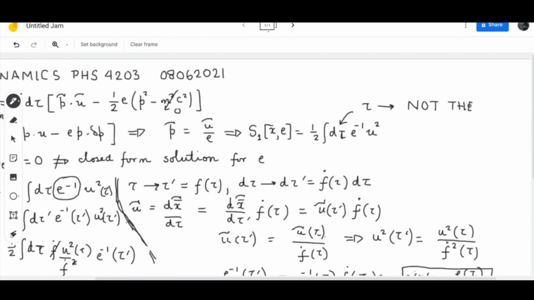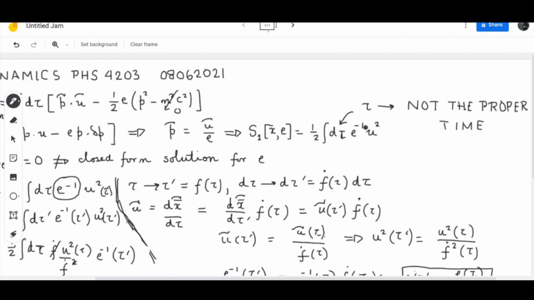The answer is very simple. Tau is still a parameter which is arbitrarily chosen. It does not depend on any coordinate, but it does not have the interpretation of proper time.